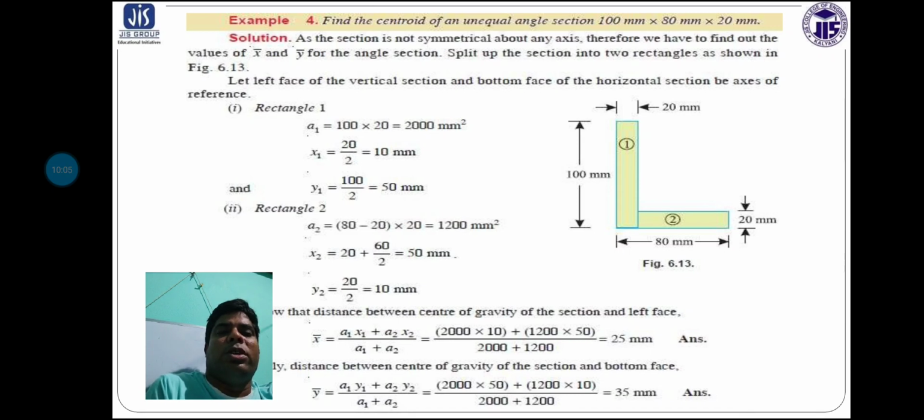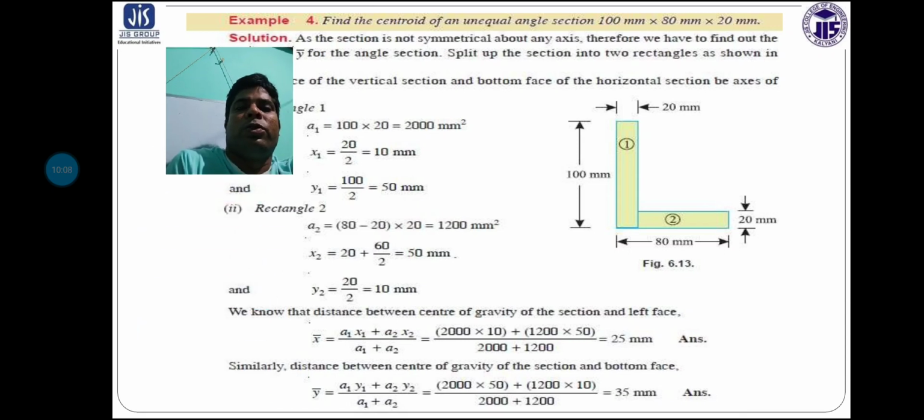Now if I consider rectangle 2, A2 is equal to (80 minus 20) into 20, that means 1200 millimeter square. x2 will be 20 plus 60 by 2, 50 millimeter, and y2 is equal to 20 by 2, 10 millimeter.